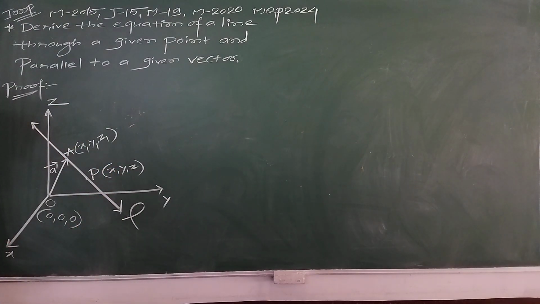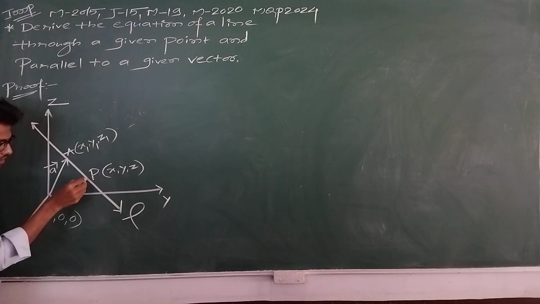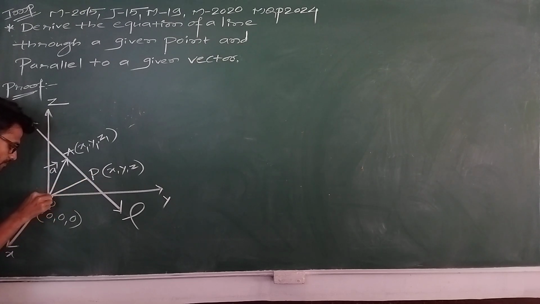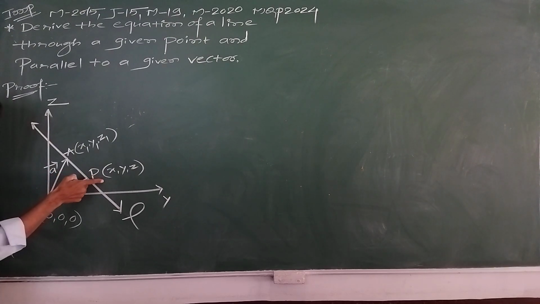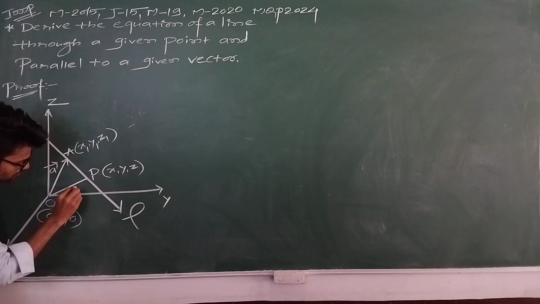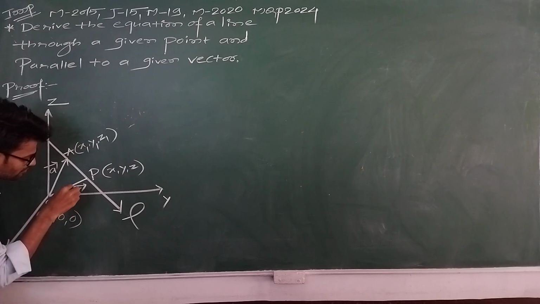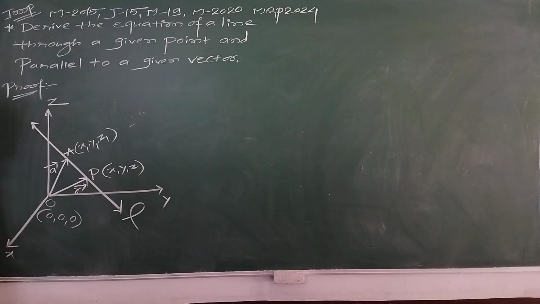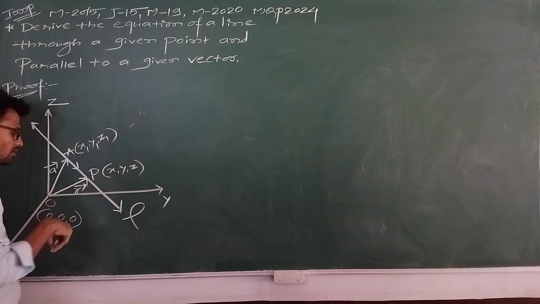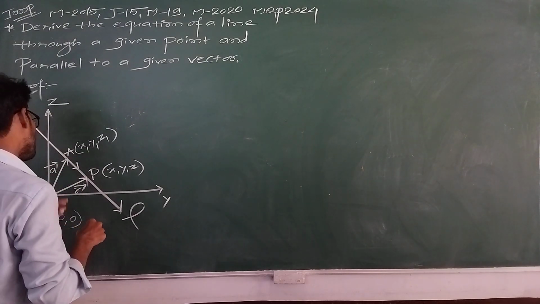The position of this point P with respect to origin is represented by R vector.